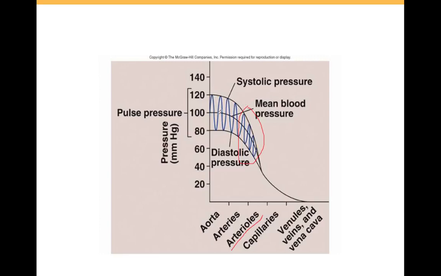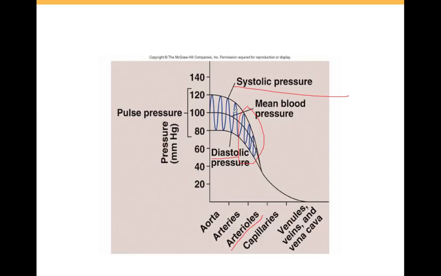The line that is running in the middle is representing mean arterial pressure. The top is systolic pressure and the bottom one is diastolic. So systolic, diastolic, and the middle one is mean blood pressure, or basically mean aortic pressure, which we calculated earlier.